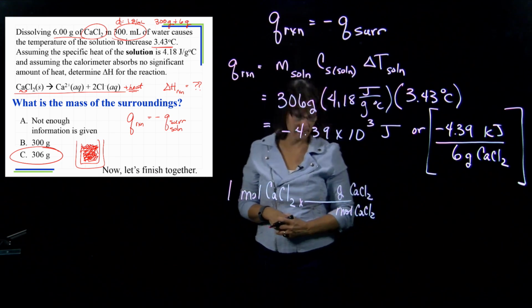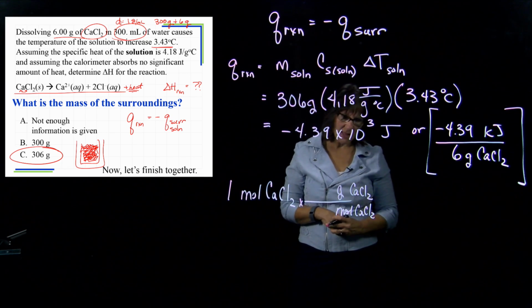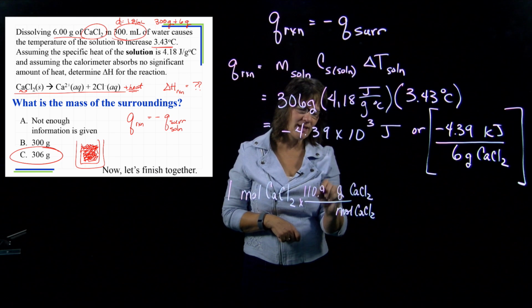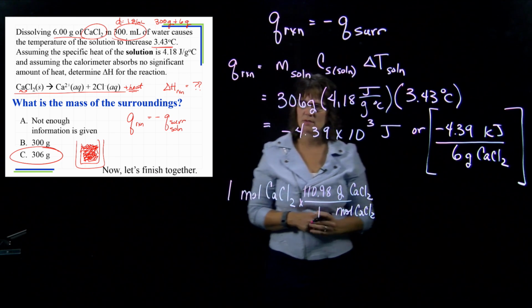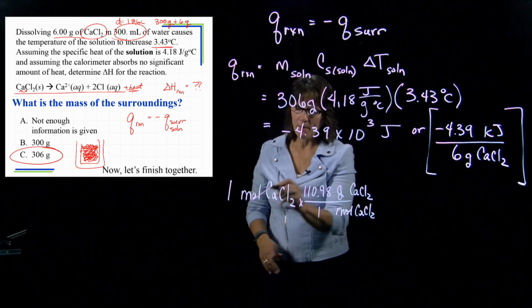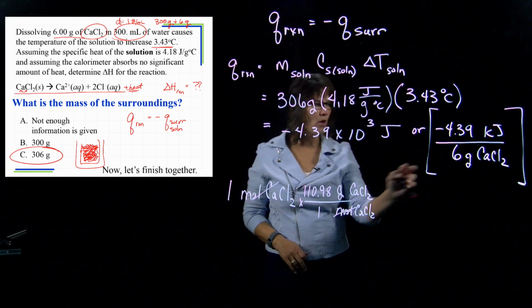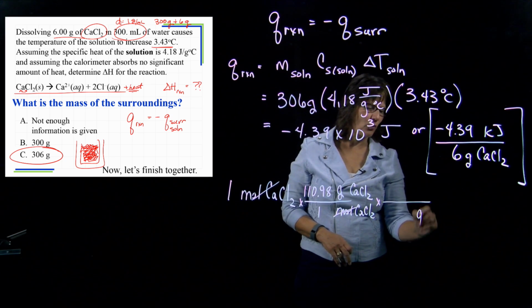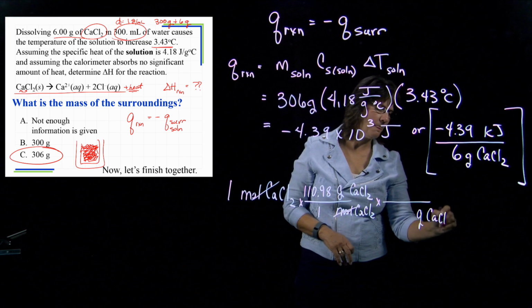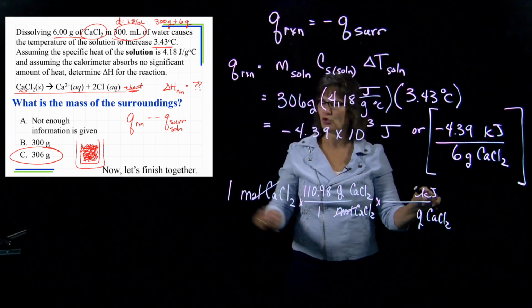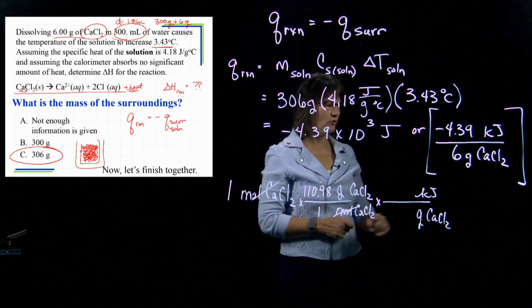I go to the periodic table and I come up with the molar mass of calcium chloride, which is 110.98 grams in a mole. Now, I've gotten rid of my moles. Why did I want to do that? I want to be able to use this relationship. So I can now go from grams of calcium chloride to kilojoules, because that's what I want to know, the kilojoules that 1 mole would be producing.